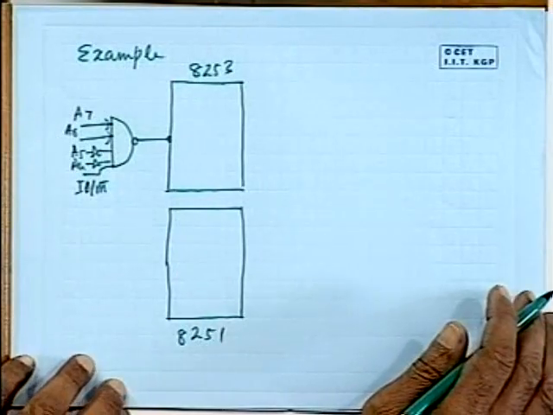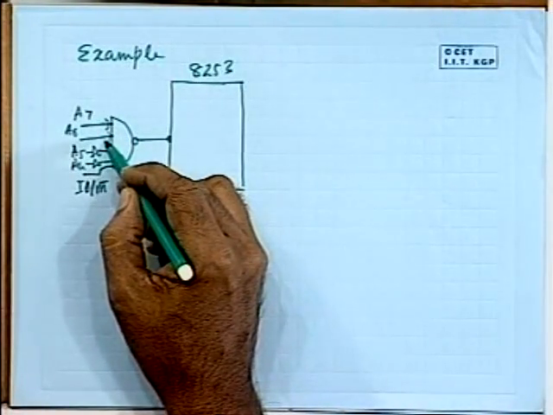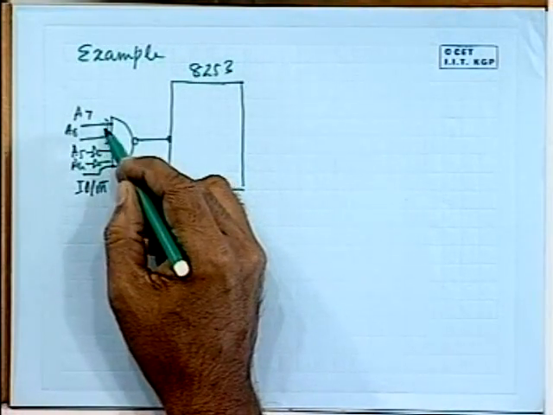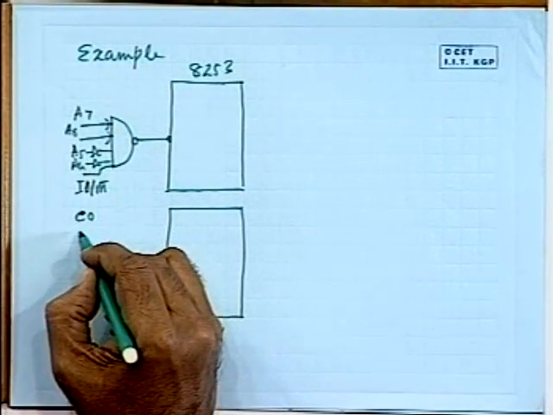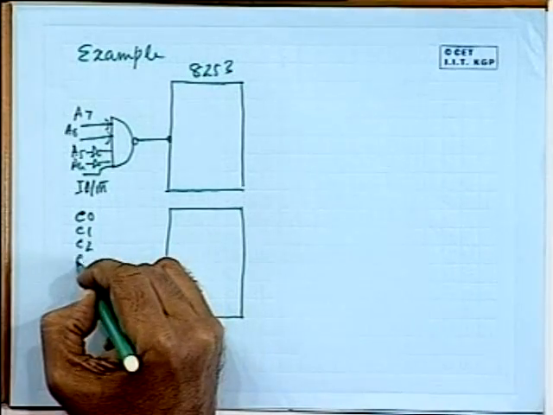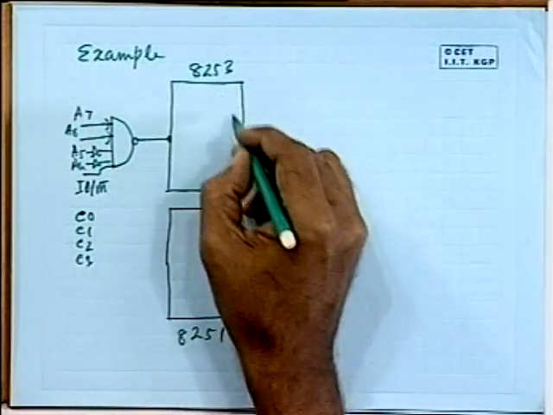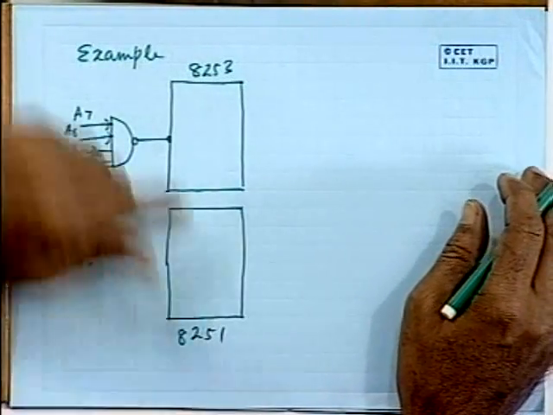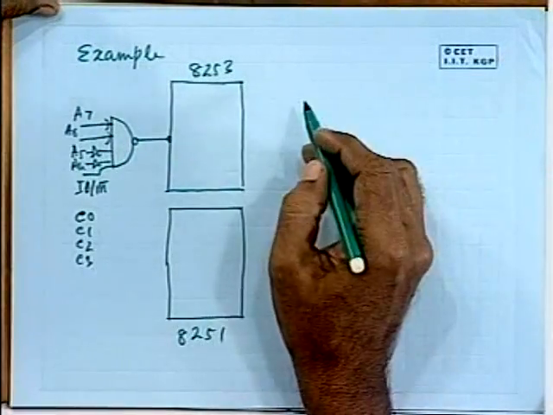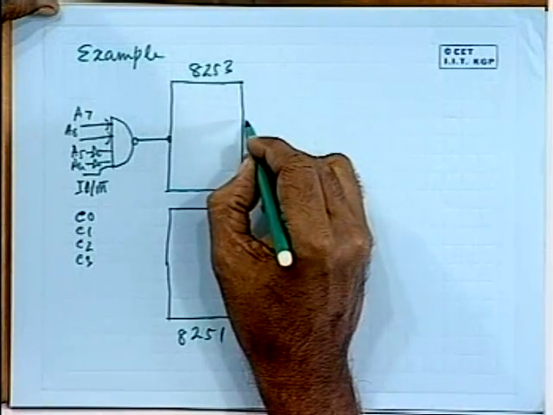So the address will be 1100, that means the addresses will be C0, C1, C2 and C3 for the different registers inside this 8253.